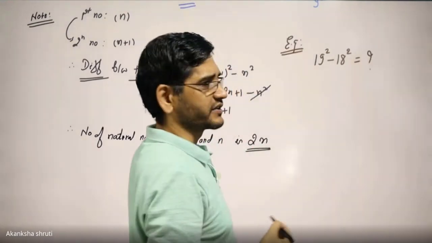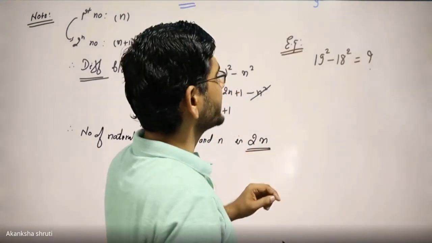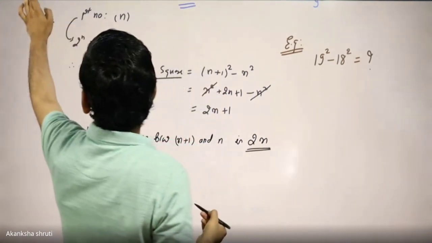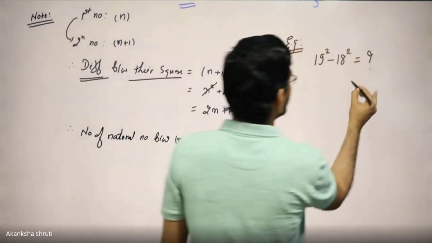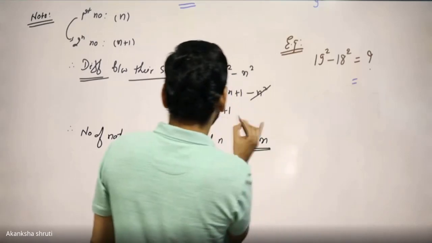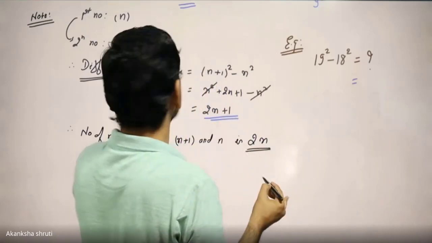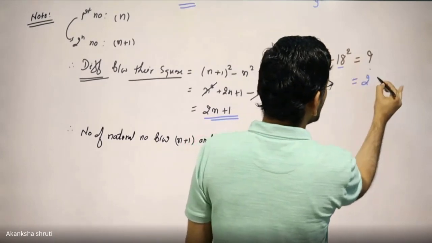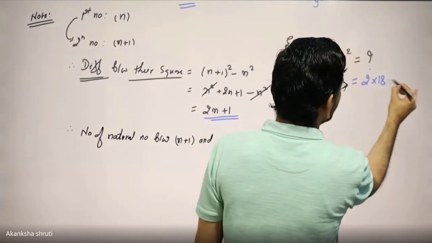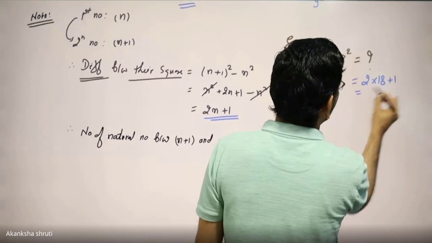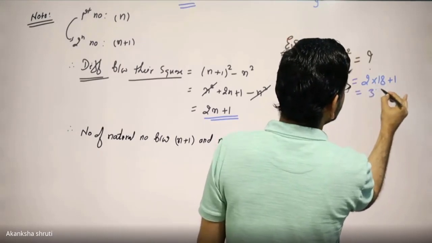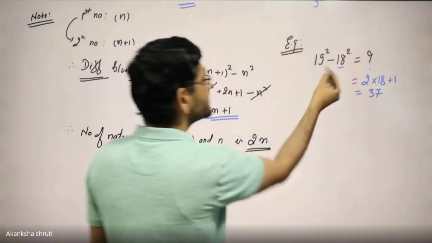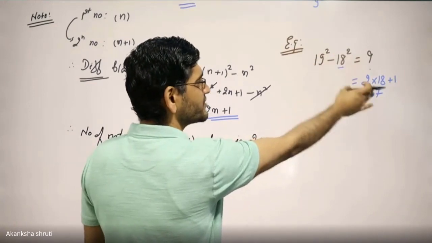Students, for getting this, the difference, we can take 2n plus 1. N is the smaller number. So it is 2 into 18 plus 1, 36 plus 1, 37. Students, this is the difference, meaning the value.